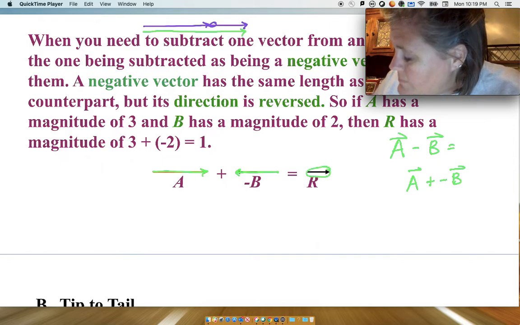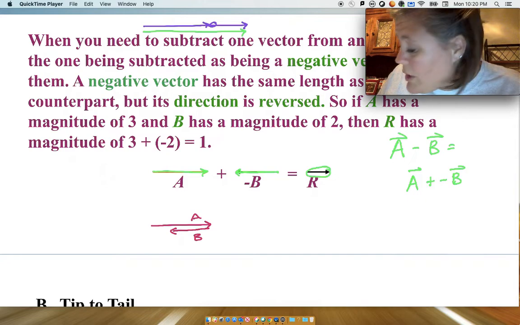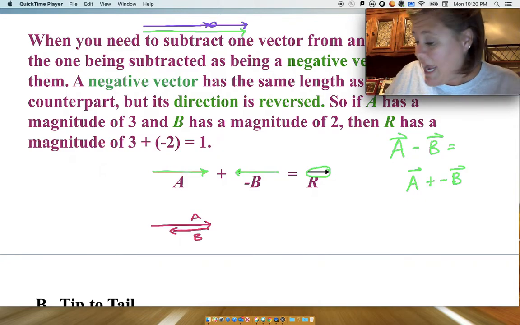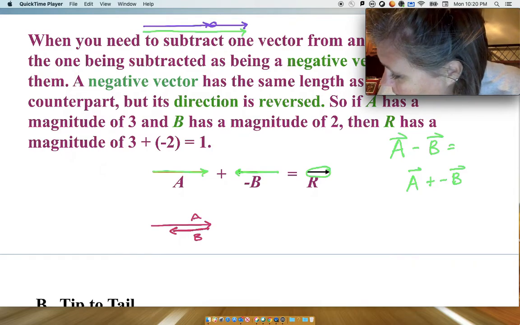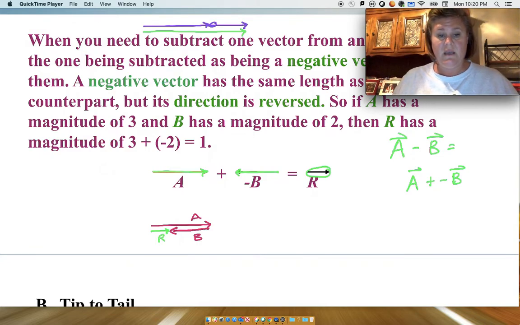So we're going to take vector A. Now watch this. We're going to put the tail of vector B at the tip of vector A, and then this guy right here, going from the tail of A to the tip of B, represents our resultant vector.